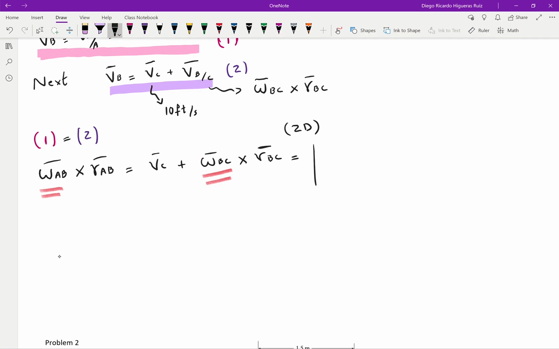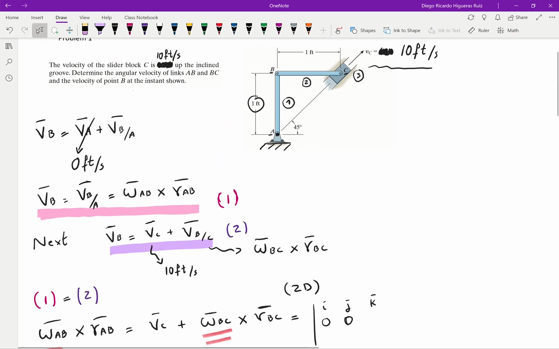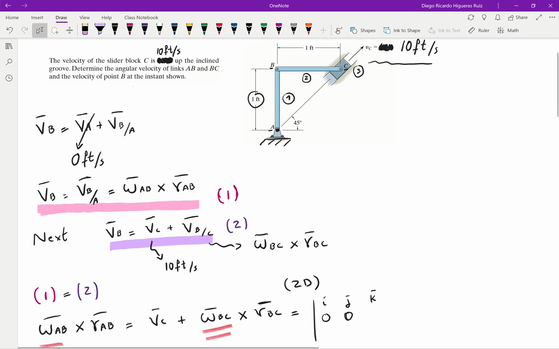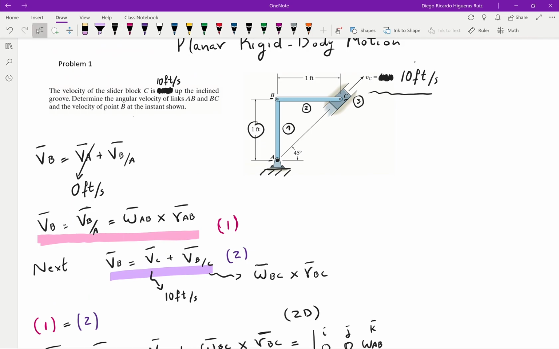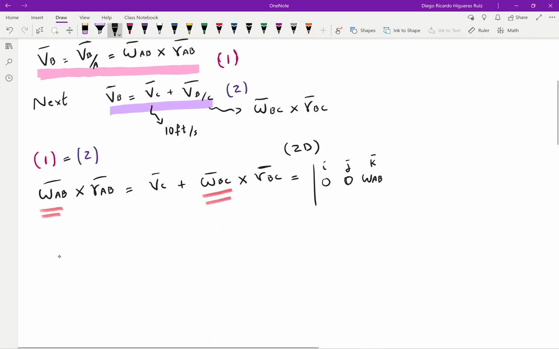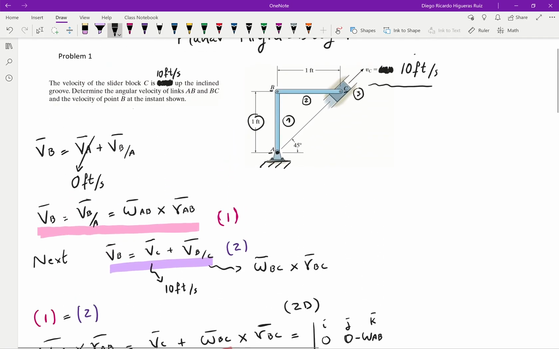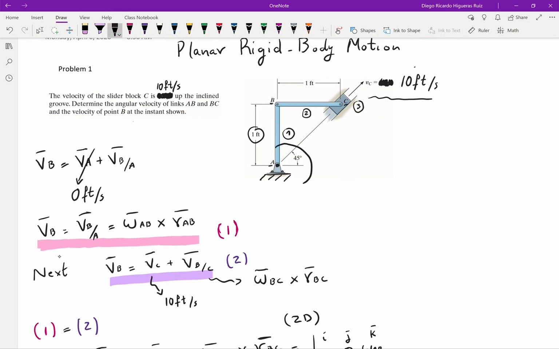So we're going to have I, J, K, 0, 0, omega AB in the K, and I'm going to assume this is going to be negative because this potentially will rotate like that, and this element 2 will rotate like that.